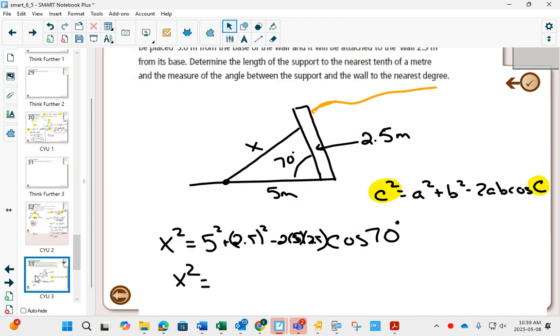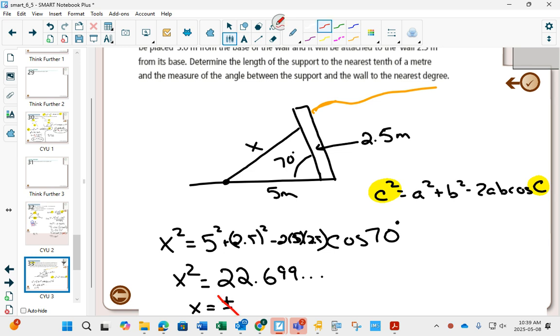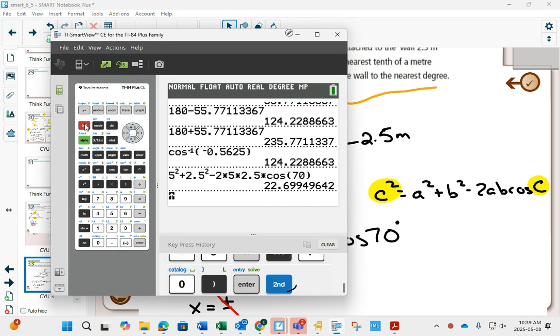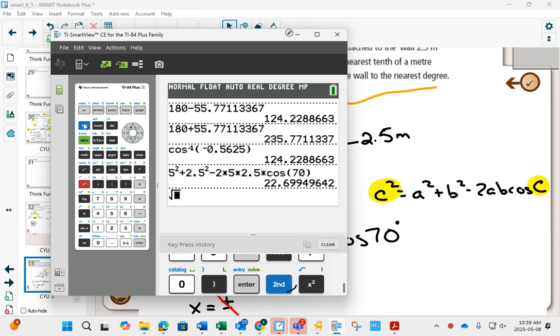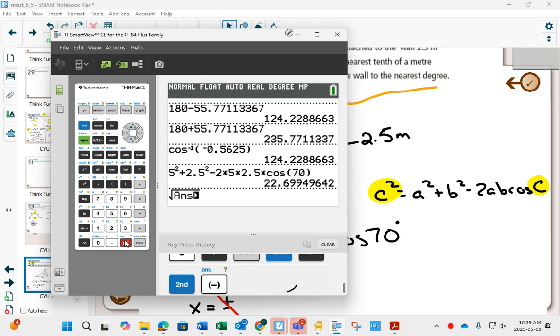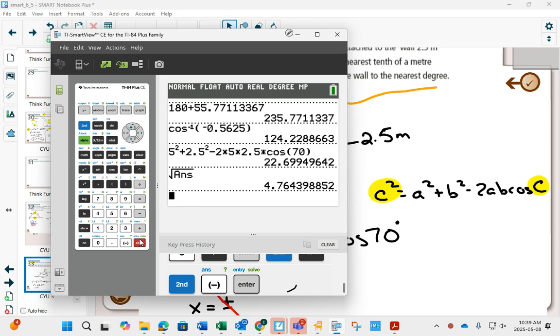That gives 22.699. And then x would equal plus or minus, but we don't need that. Square root both sides. I use my answer button this time instead of highlighting it. 4.764.